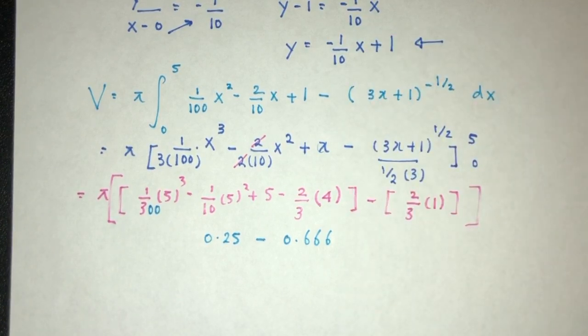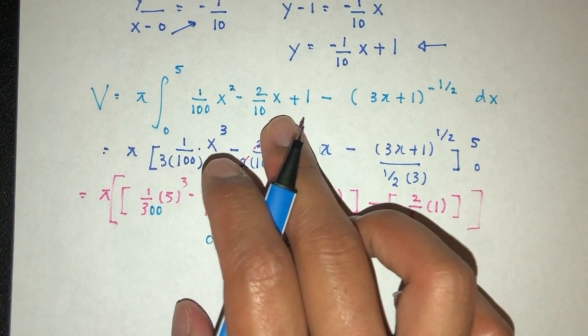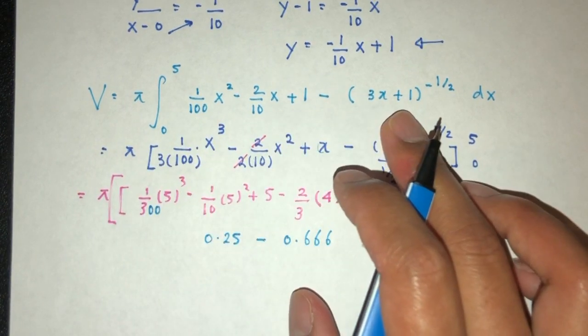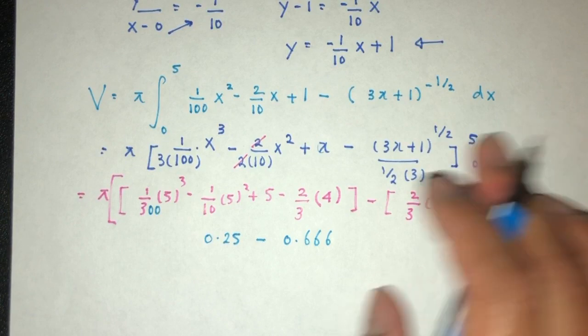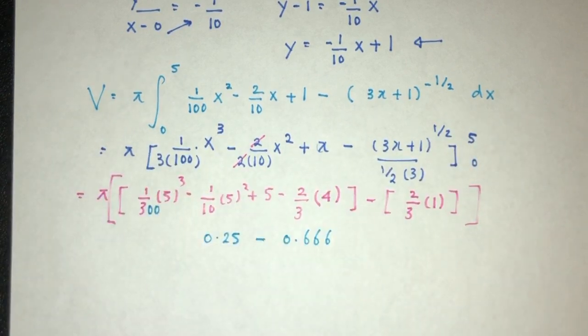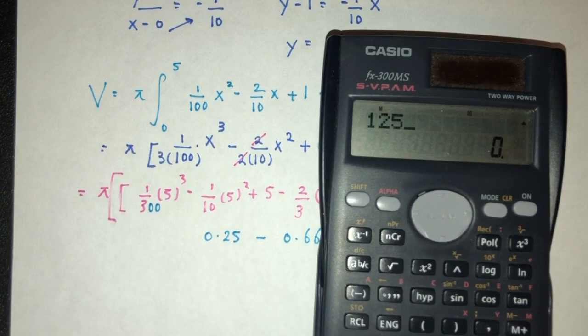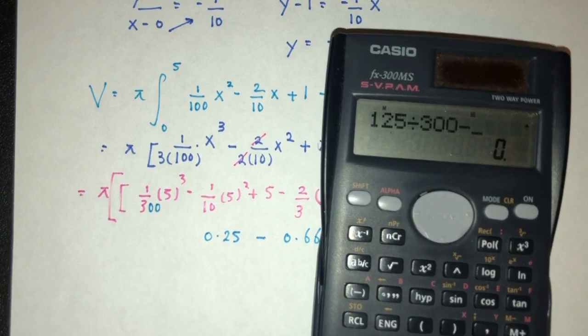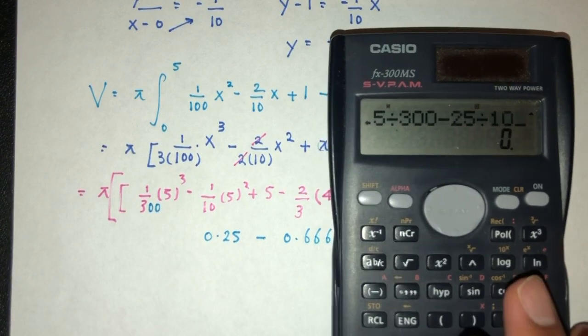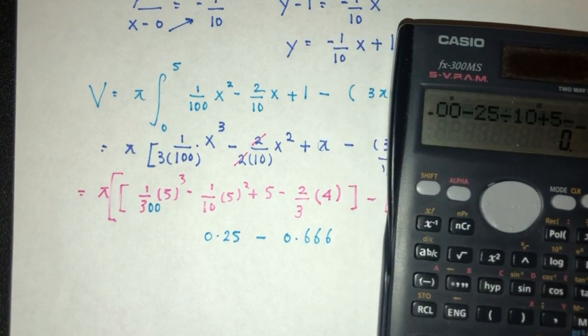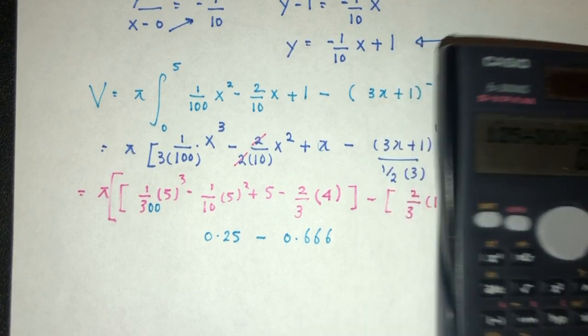The points seem to be okay. This is fine. And this seems to be fine as well. Okay, seems to be alright. Let me try again. So 5 cubed is 125 divided by 300 minus 25 divided by 10 plus 5 minus 8 divided by 3. That should be 0.25.